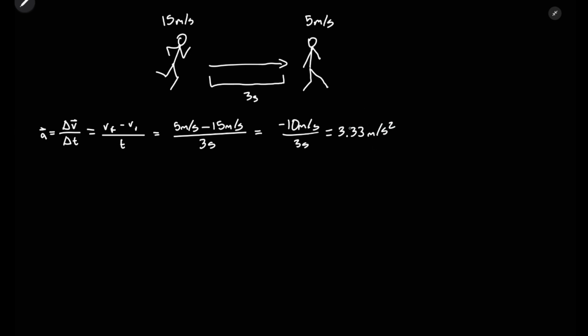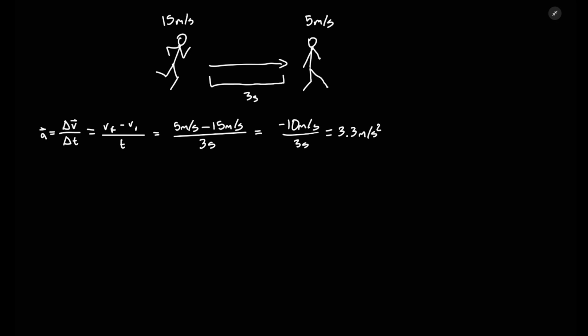In this case, we'll just round to 3.33 meters per second squared. And that is our final answer. Let me do significant digits, which, if you guys don't know, I'll explain in another video if you want. Significant digits is very important when it comes to physics.